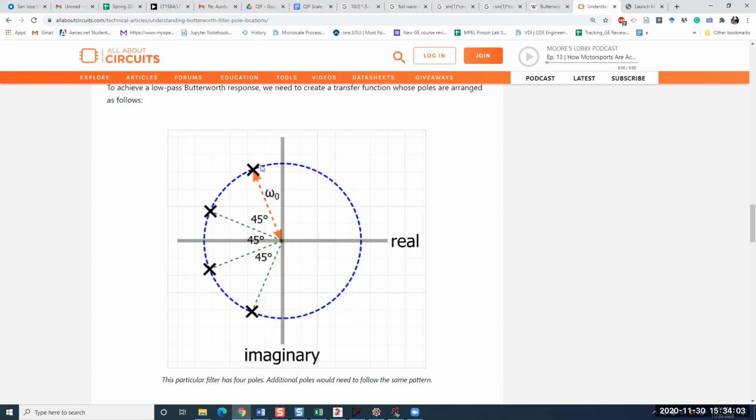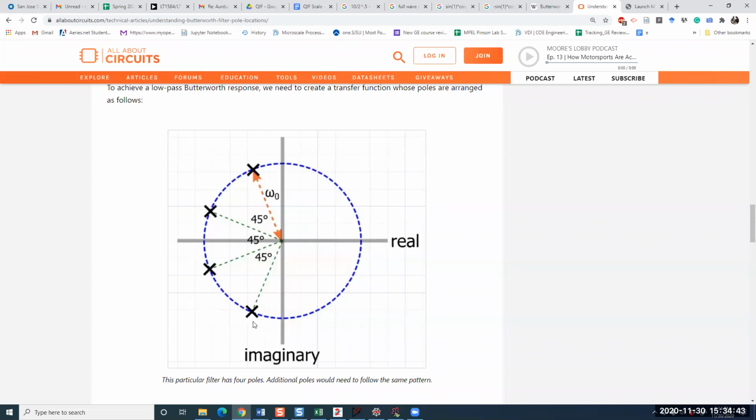This circuit has 4 poles, or 2 sets of complex poles. So if I take 180 degrees and divide it by 4, these poles should be 45 degrees apart. If it was an odd number, you'd have the pole here and then split the rest along that. Again, this is just the poles.